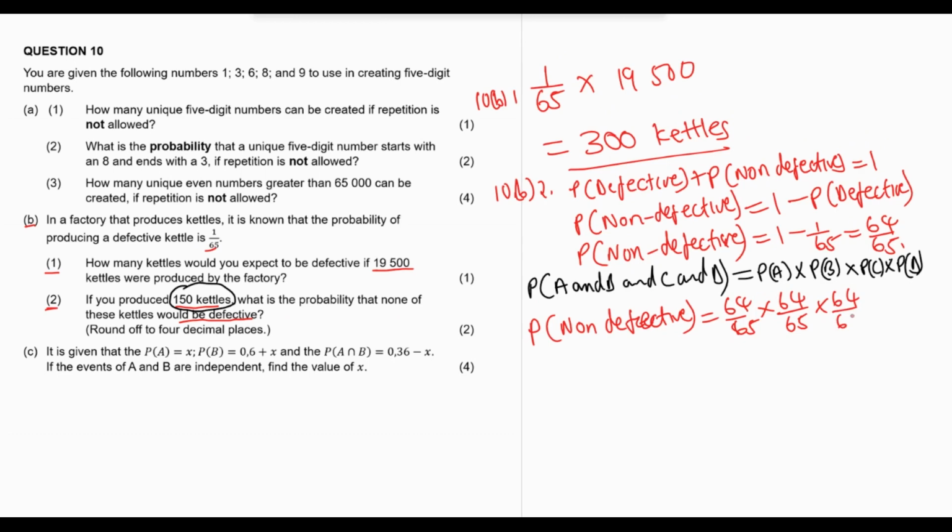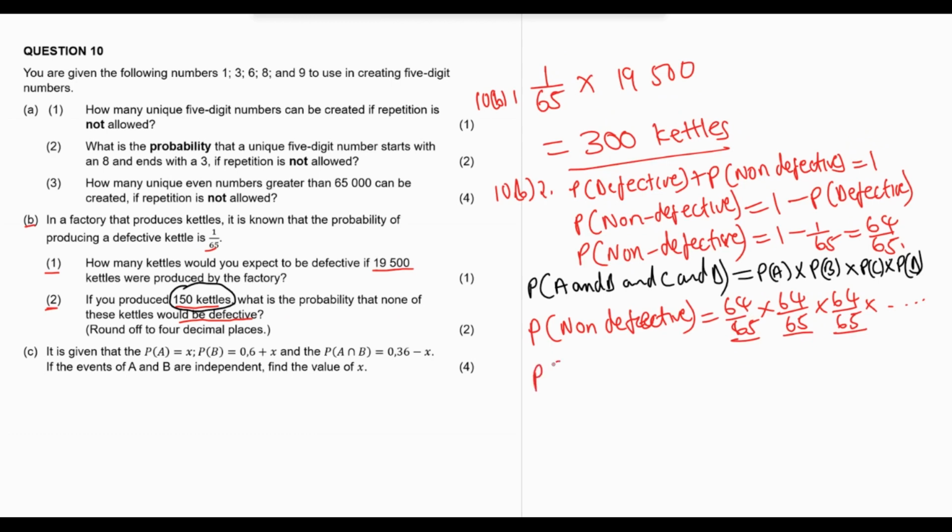It goes on like that till we have 150 of these 64 over 65s. Okay, so we can simply say 64 over 65 to the power 150.